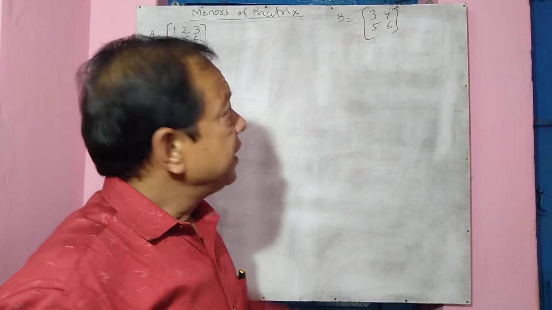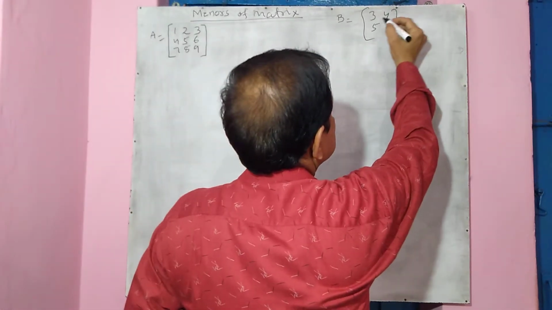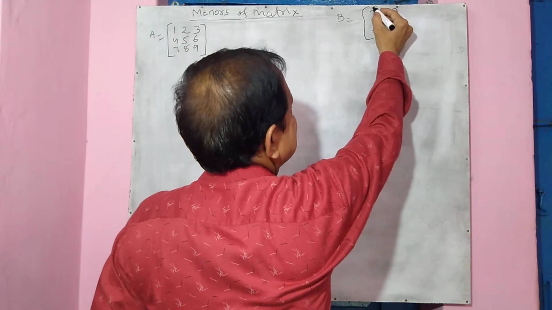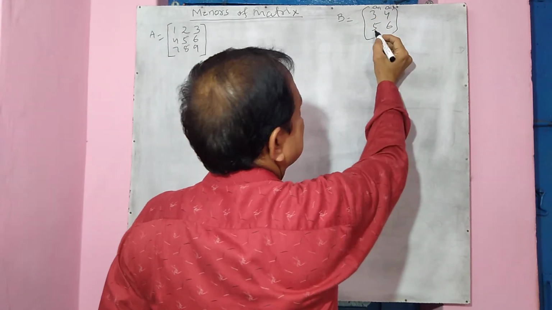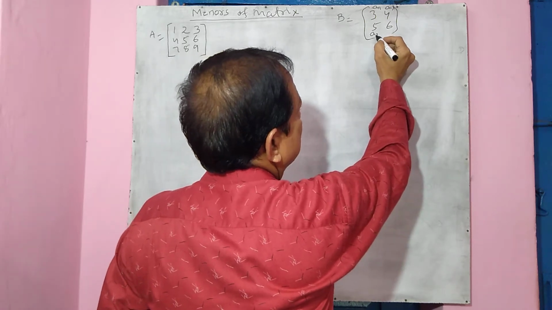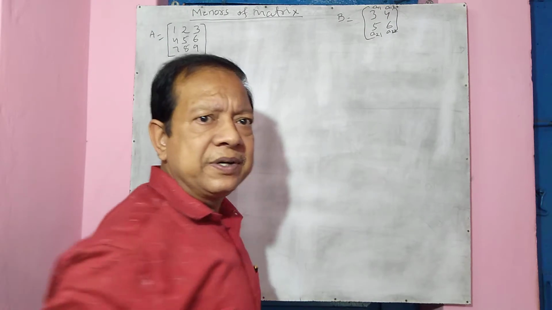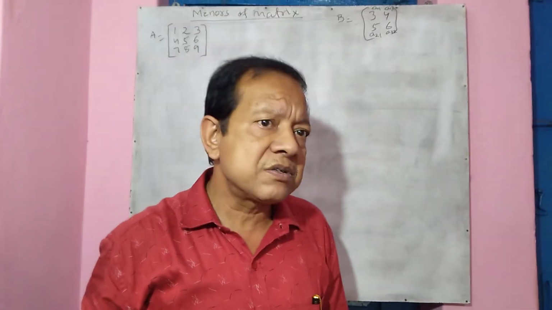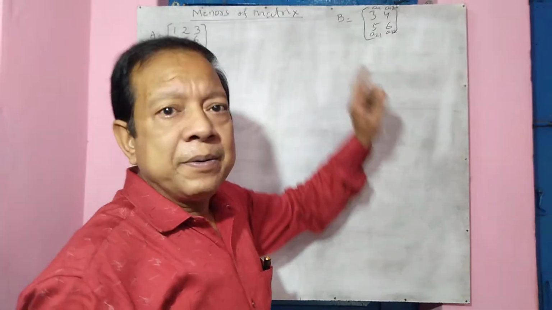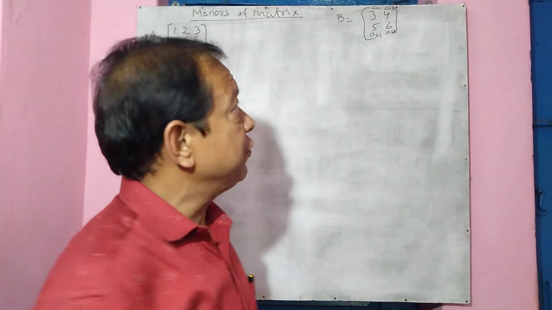Now here we have 4 elements. This 3 is A11, 4 is A12, 5 is A21, 6 is A22. So we have to find out the minors of this matrix. Every element's minor you have to find out here.